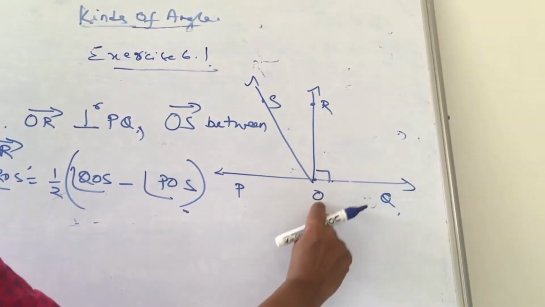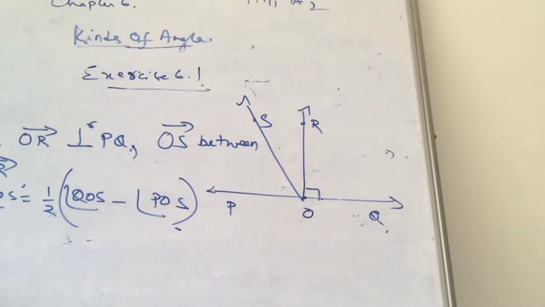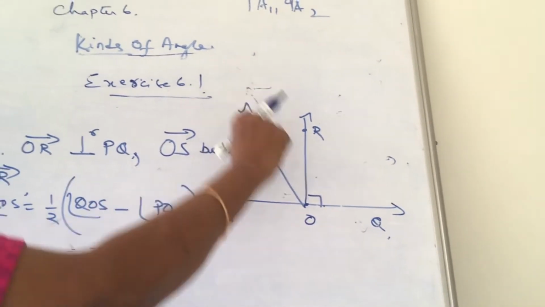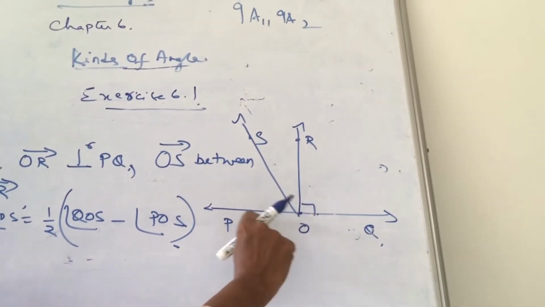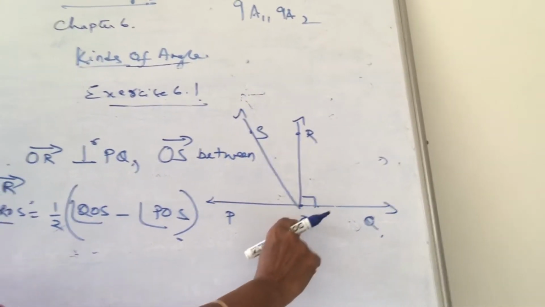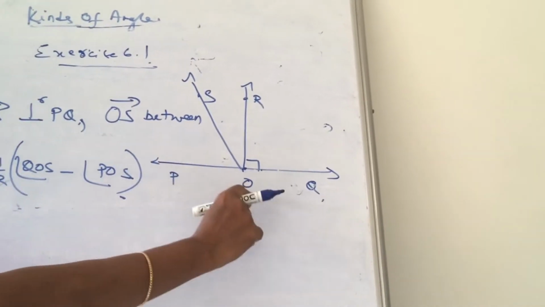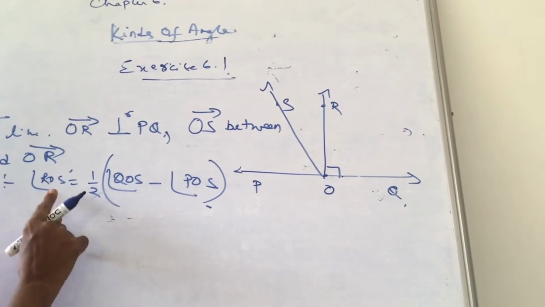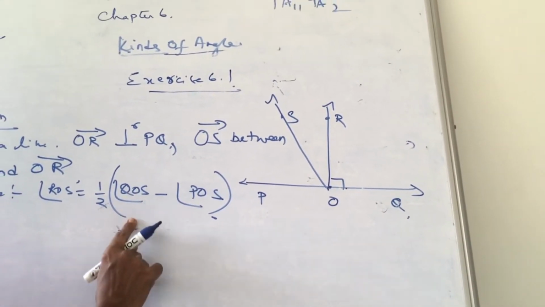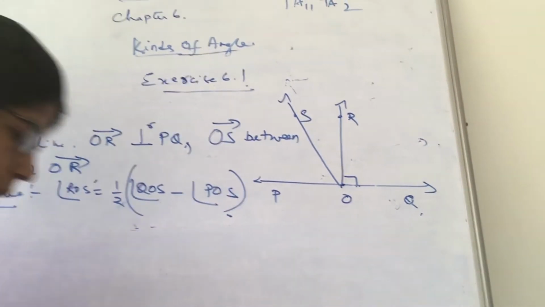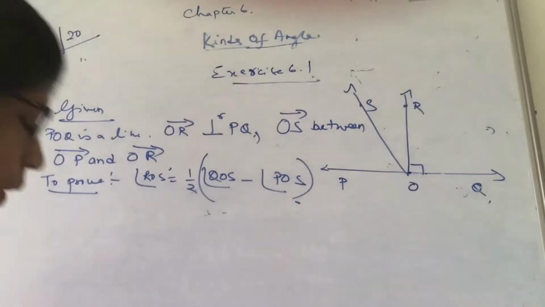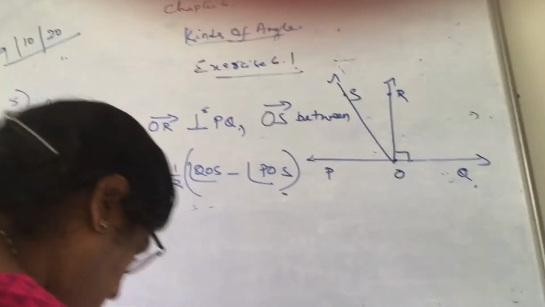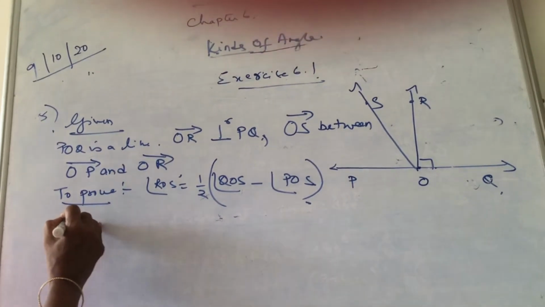Therefore, angle ROQ is equal to 90 degrees. And there is another ray between OP and OR. Which is that ray, children? OS. What to prove, children? Angle ROS is equal to half into angle QOS minus angle POS.